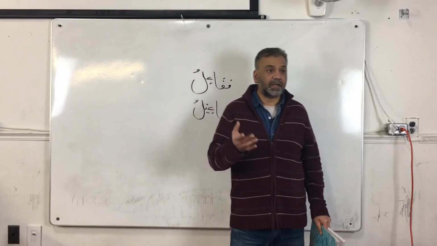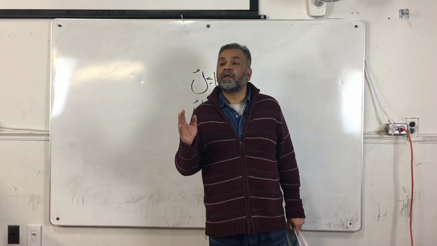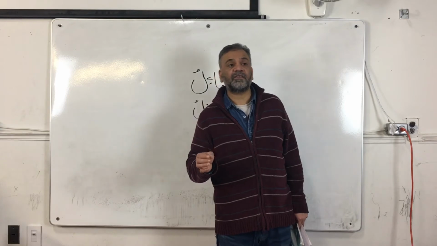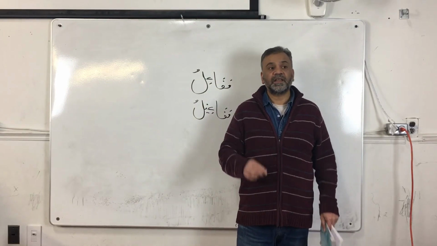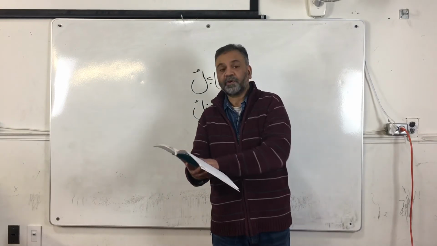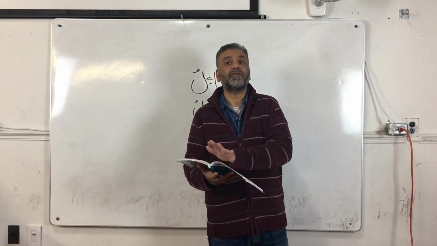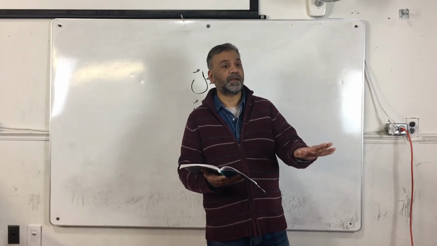It will take some time, and we have done it very quickly. When you have time after the class, go back to each of these nouns and try to find them in the previous page number 118. If you do not find them there, then it's a triptote, otherwise it's a diptote.